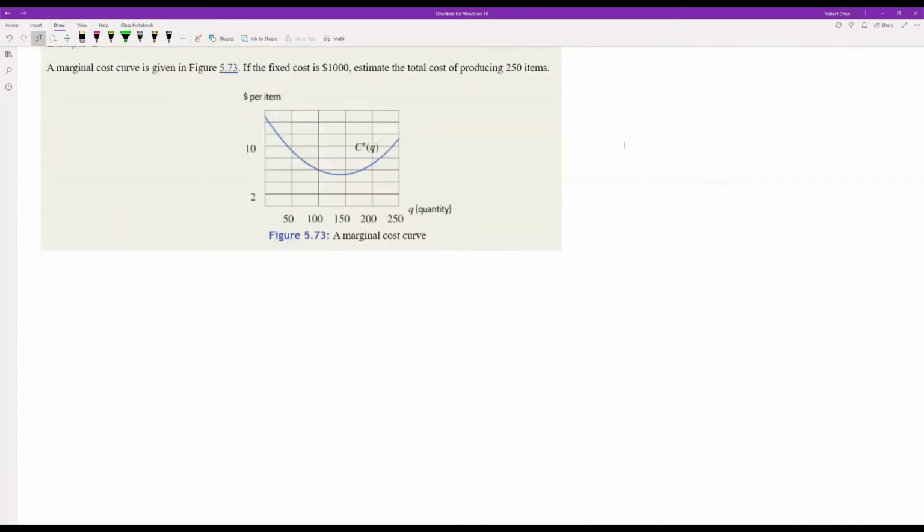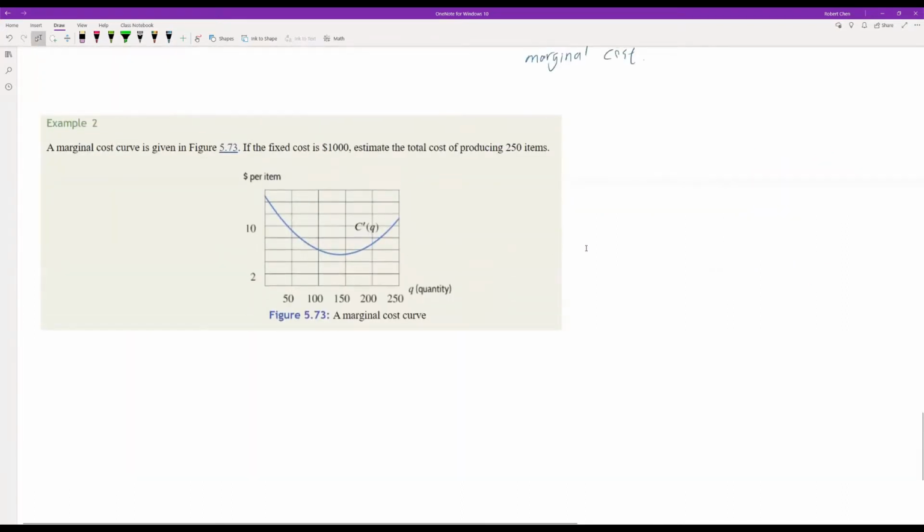Okay. All right, so let's take a look at an example involving marginal cost. The blue line is our marginal cost, C prime, and it's asking us, if the fixed cost is $1,000, to estimate the total cost of producing 250 items. Since this blue curve is C prime, to find the actual cost we are looking for the area under the curve, which will be C of 250 minus C of 0.